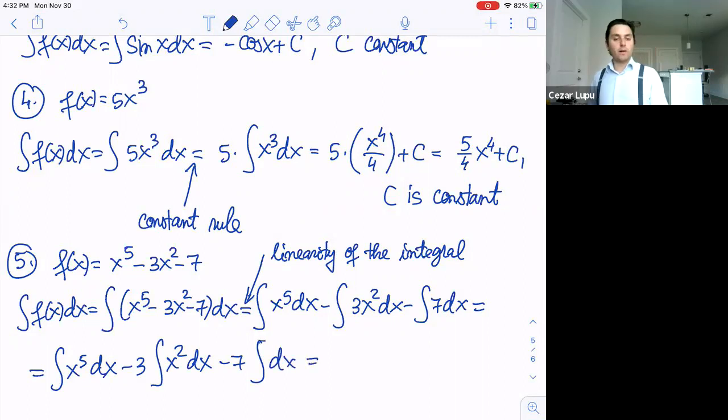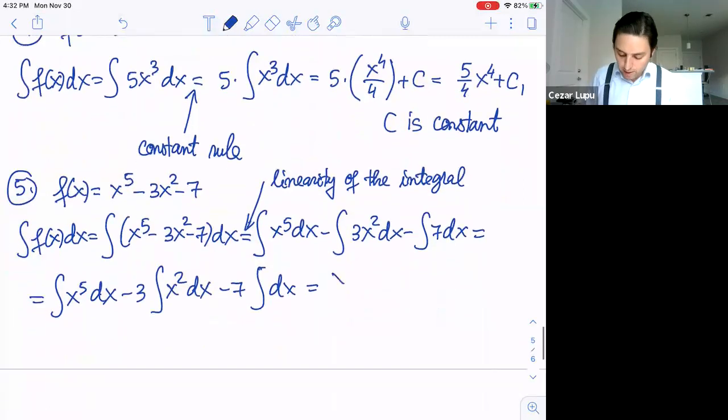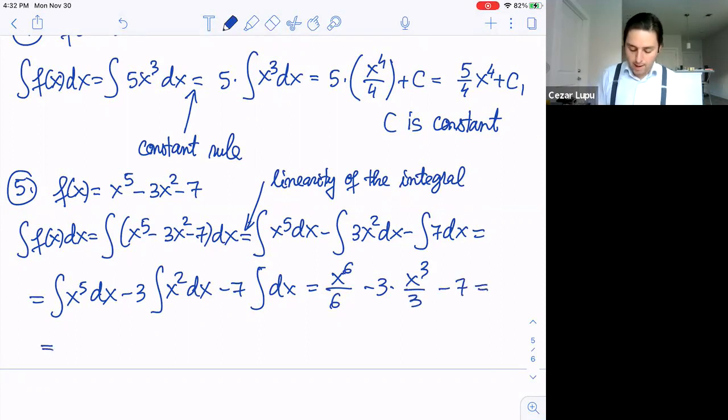Okay, and now it's quite clear. The first one will be x to the 6 over 6, minus 3 times x cubed over 3, minus 7, which gives us x to the 6 over 6 minus x cubed minus 7x plus c.